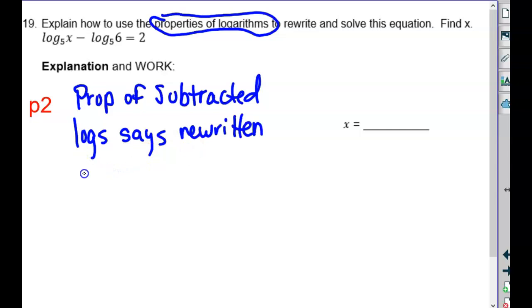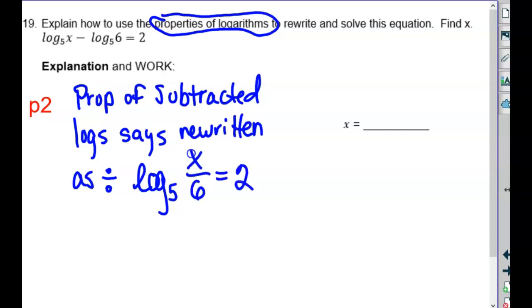Property of subtracted logs says it can be rewritten as what? Division. So you could say the quotient property. It's division. Or just say I rewrote it using division. Log base 5 of x over 6. It becomes a single log of x over 6.